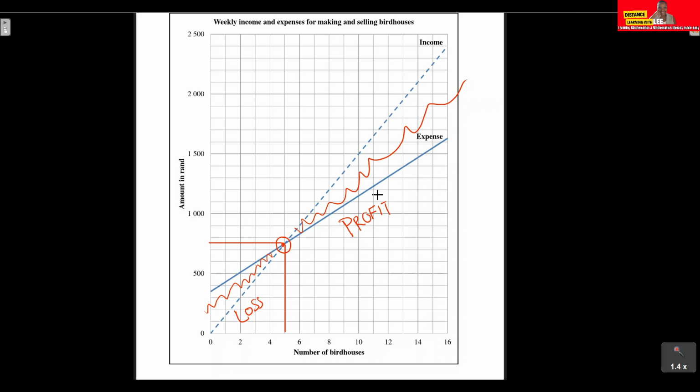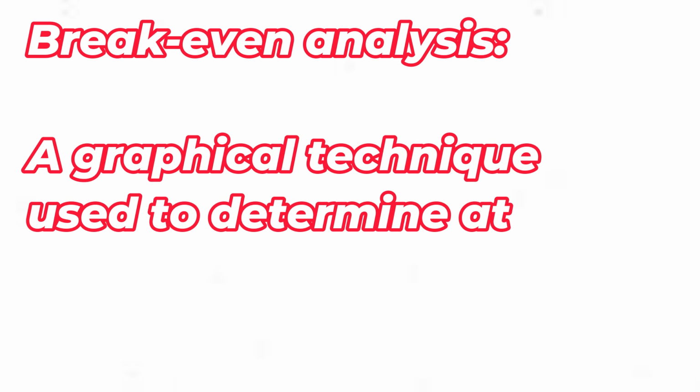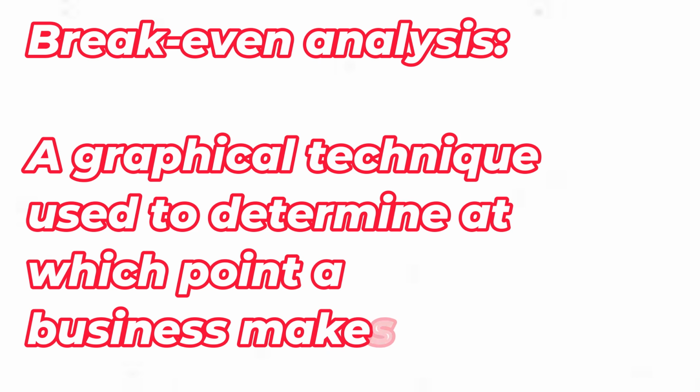Because I forgot to give this definition at the start of my video tutorial: this section deals with doing a break-even analysis of the graph given to us. Break-even analysis is a graphical technique used to determine at which point a business makes a profit.